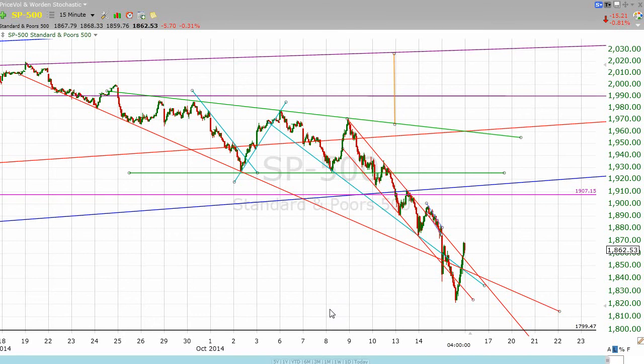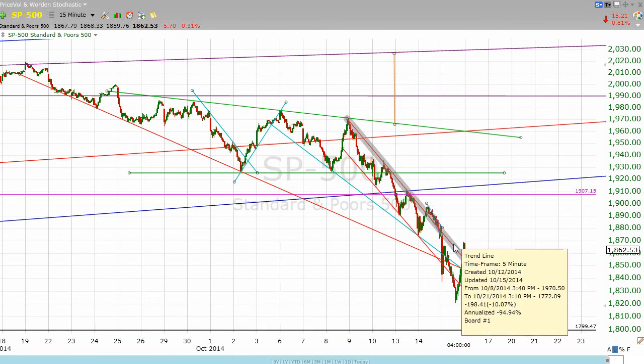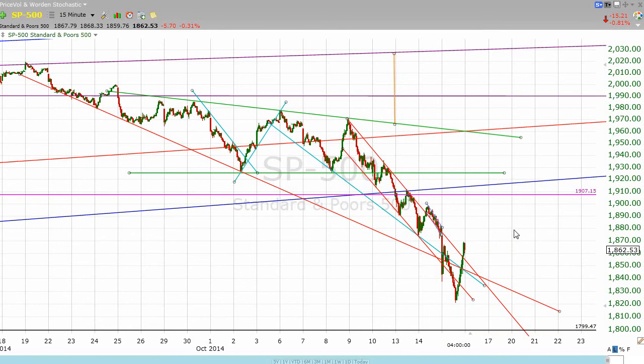At one point we were down 50 points, right at about here. Regained more than 2/3 of that. And we closed the day over this resistance line, once again not by a technically significant margin.